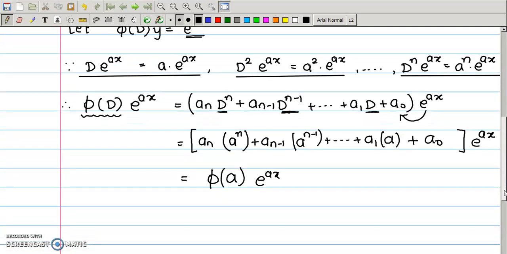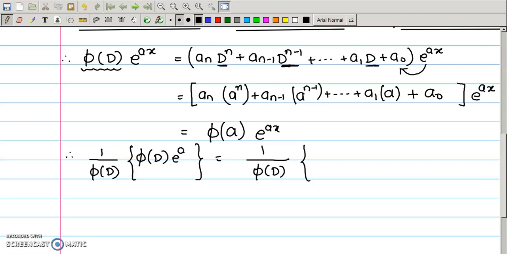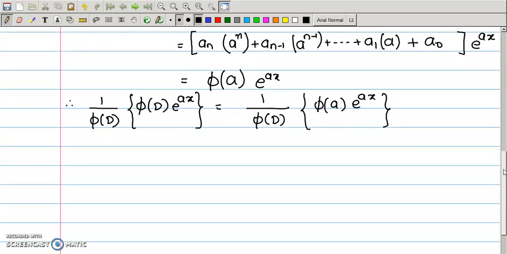So we can multiply both sides. Therefore if we operate 1 upon phi of D on left hand side as well as on right hand side, then we get, left hand side is e raised to ax, right hand side is phi of a into 1 upon phi of D into e raised to ax. So we can cancel these two terms.